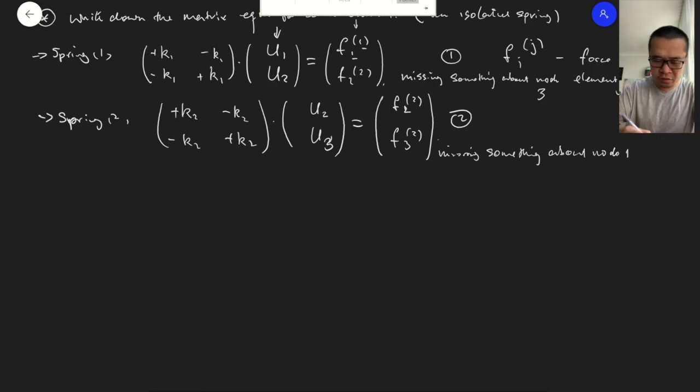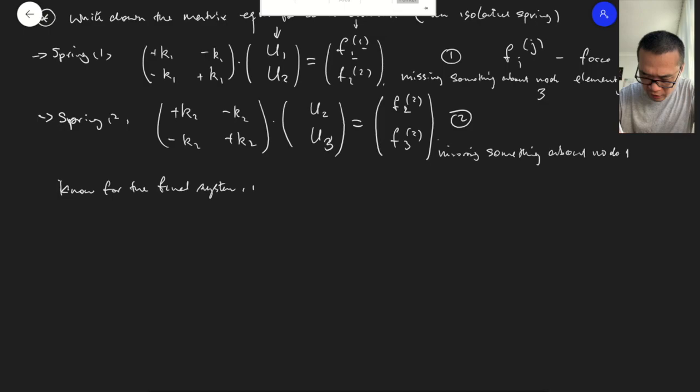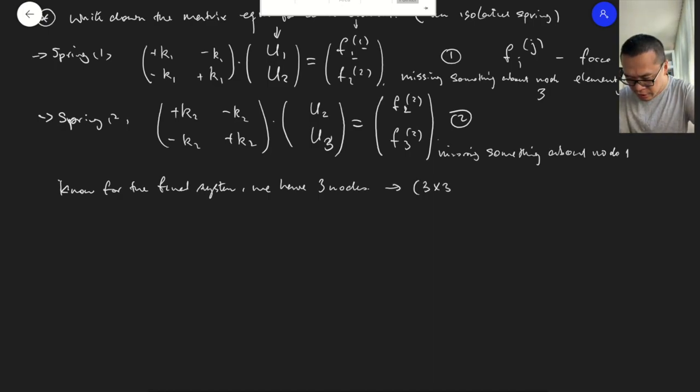The way to do that is to know that for the final system we have 3 nodes. So we want a 3 by 3 matrix equation, right?